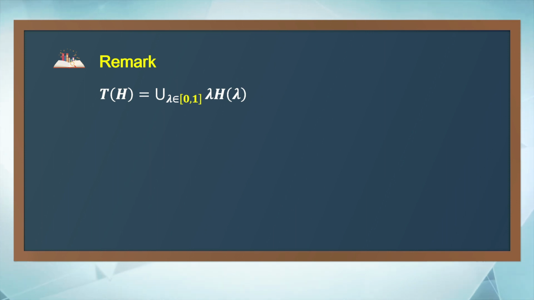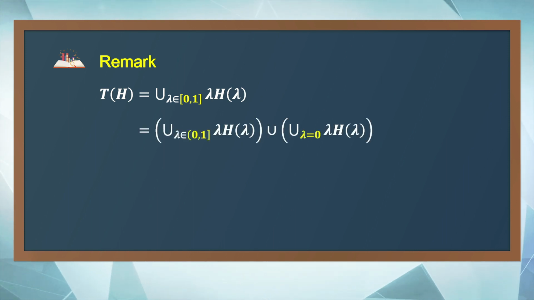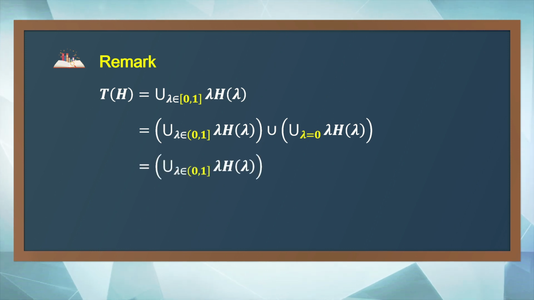We have known that T of H is the union of the scalar multiplication of lambda and h of lambda. Here the union is taken over all lambda in the closed interval from 0 to 1. Divide the closed interval from 0 to 1 into two parts, 0 and the interval from 0 to 1 excluding 0. By the associativity of the union of fuzzy sets, the union equals the union of the two unions.